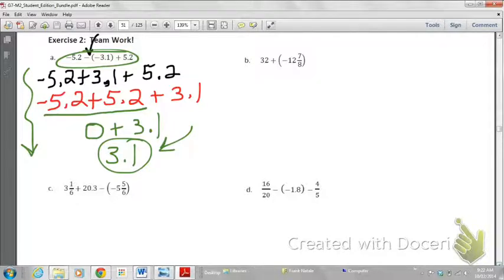So go ahead right now. What I'd like you to do is finish the next 3, B, C, and D, and again, you have to use at least 3 steps. If your process makes sense, then that's right.